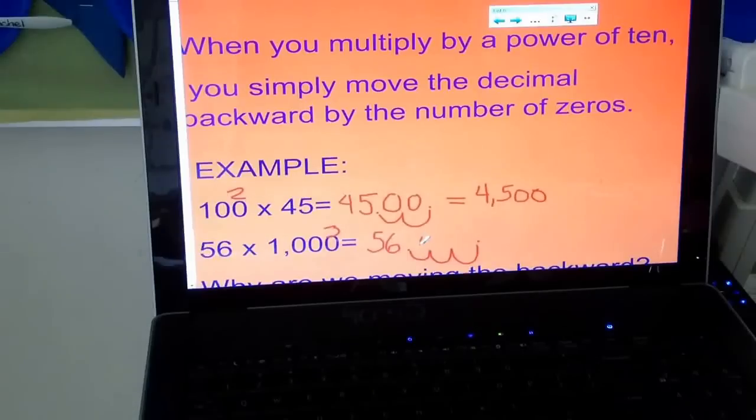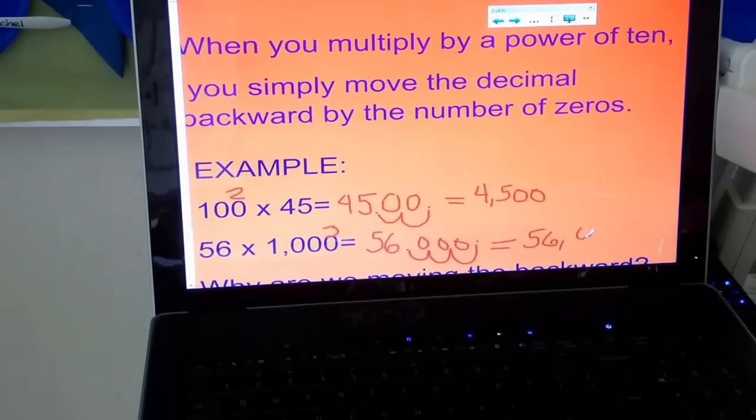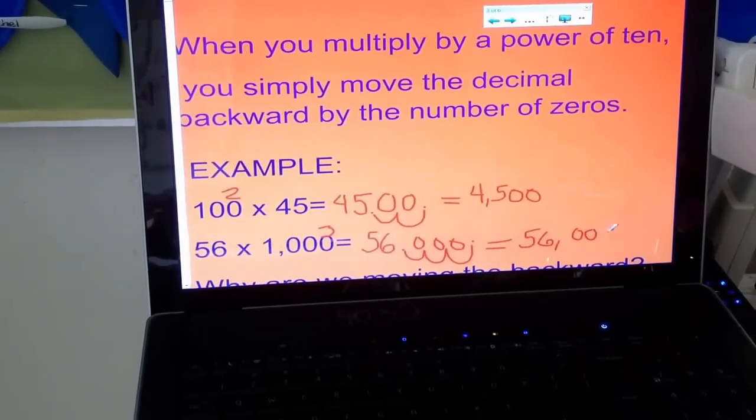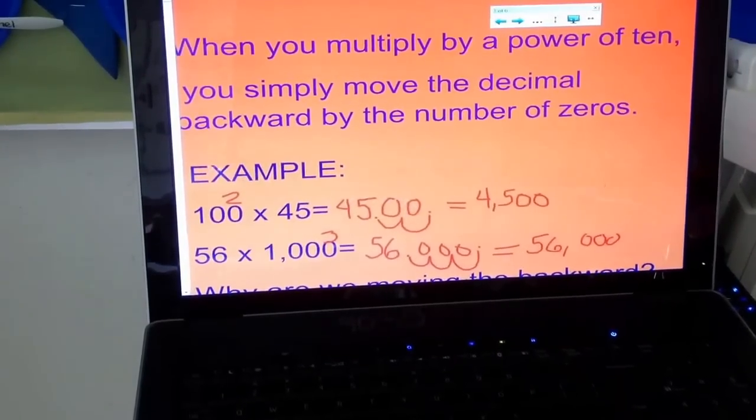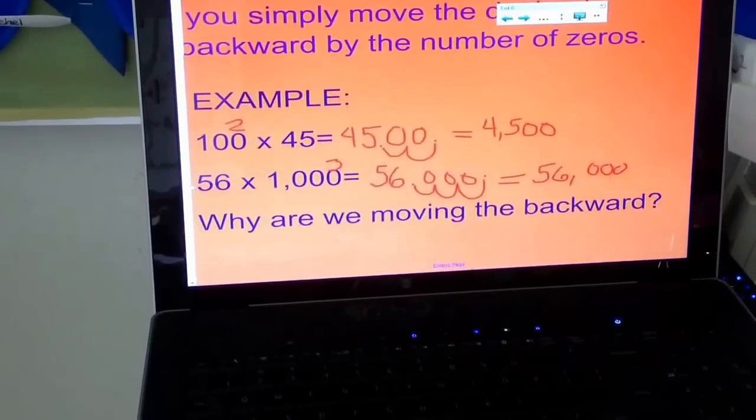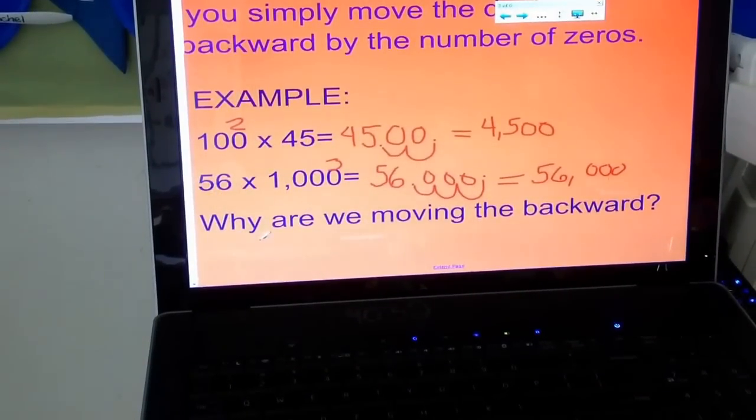Because I have 3 empty spaces, I will then add 3 zeros, which makes my final answer 56,000.